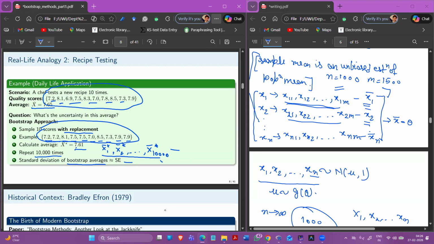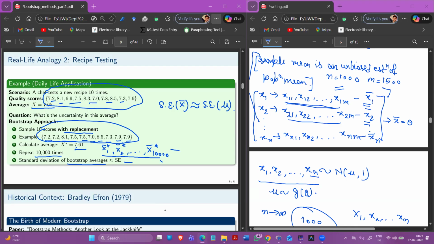The standard error of these 10,000 sample means that I showed you in R will be approximately equal to the standard error of the population mean, that is basically mu, when you have only one sample.